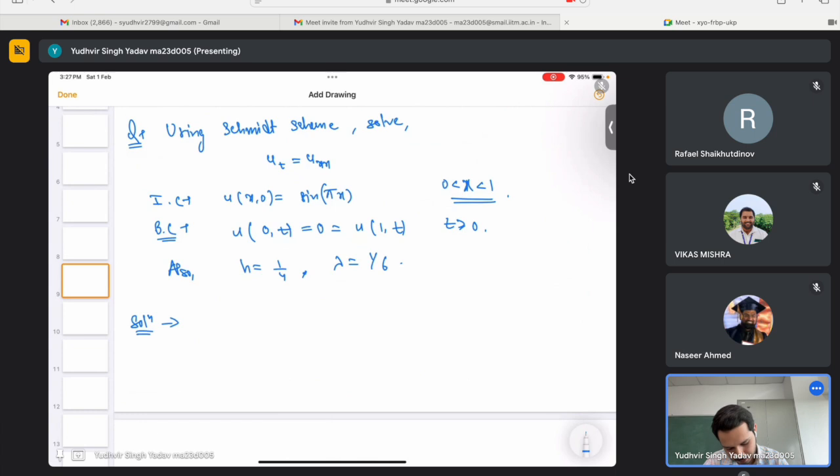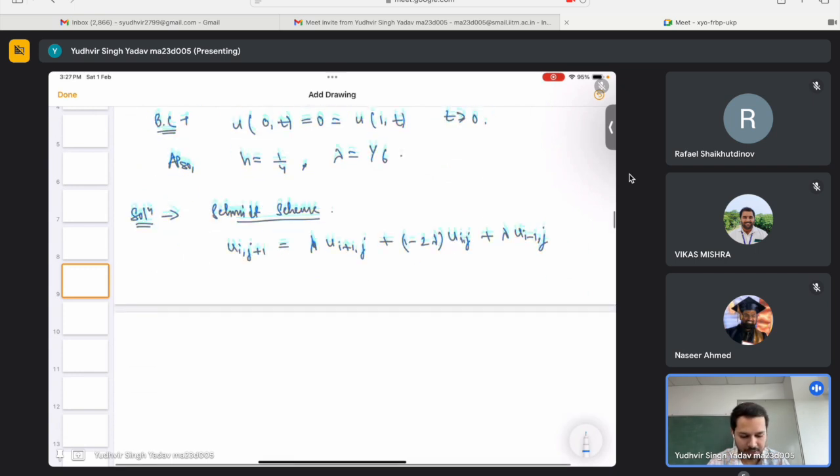So first, here we write what the scheme is. So this is the scheme.